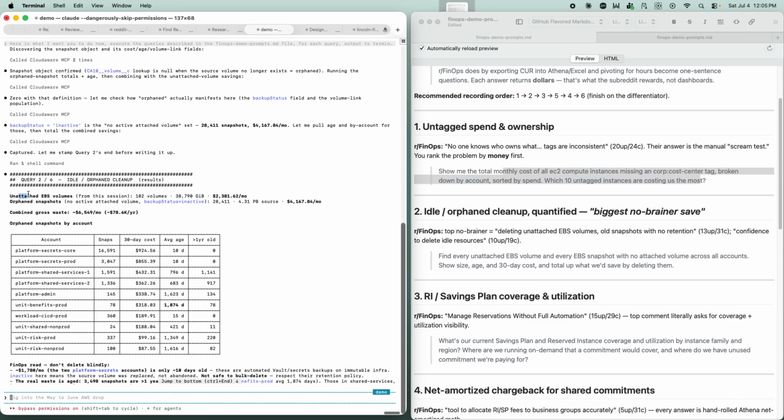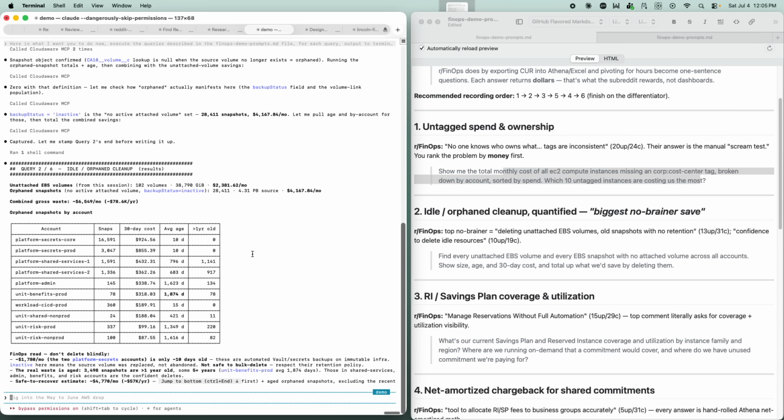First of all, it counted all of the unattached volumes, and it's about 102 volumes, 38,000 gigabytes or 38 terabytes. Orphaned snapshots, significantly more, 4,100, combined about 6,500, about 80K per year.